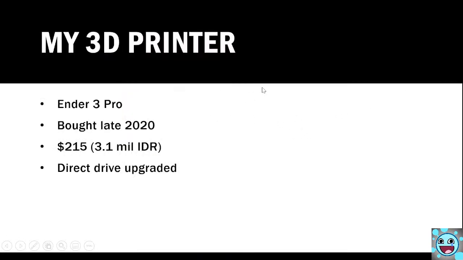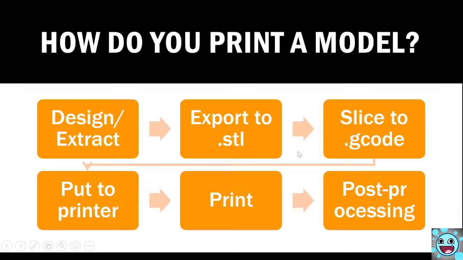My 3D printer is an Ender 3 Pro, which was bought in late 2020. It cost me around $215 US. And now I have upgraded it so that it has a direct drive filament feeding.